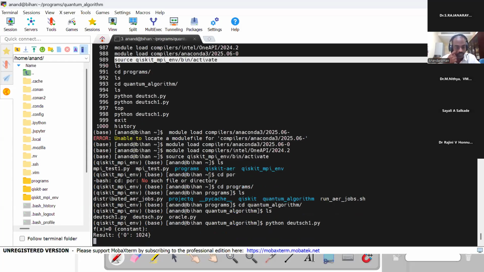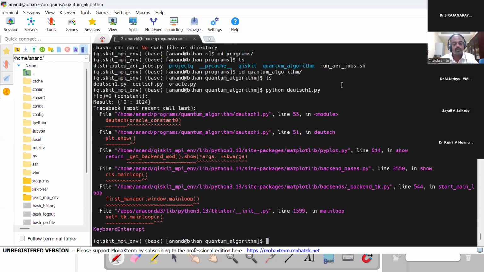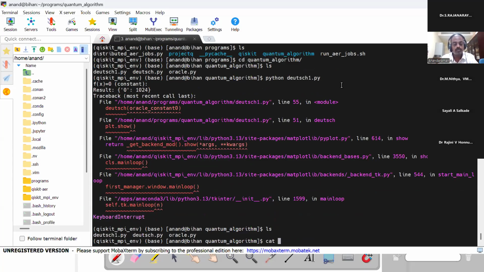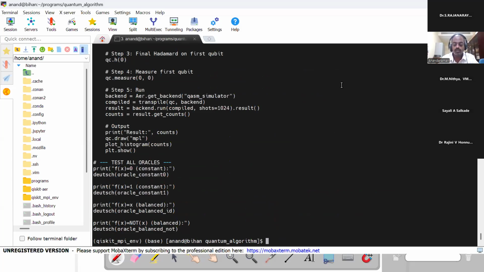Okay, some issue in the graphics. I'll just open the program. So this is the Deutsch-Jozsa implementation.